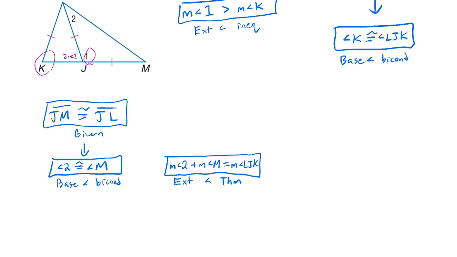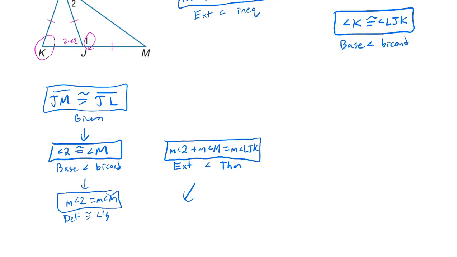Let's do that. So let's put this and this together. We'll substitute. Now technically, we should have said the measure of angle 2 is equal to the measure of angle M by definition of congruent angles. So now we can substitute and say we got measure of angle 2 plus measure of angle 2 equals the measure of LJK.